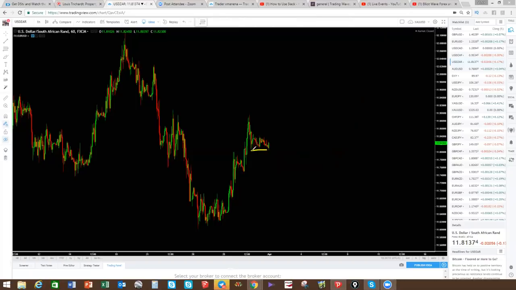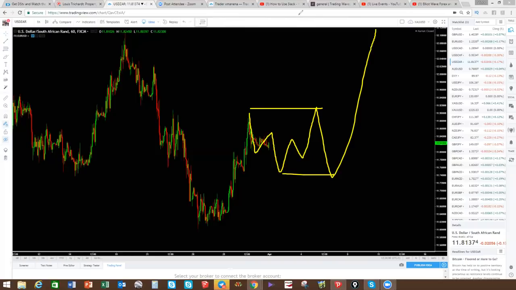In any case, this correction is not complete, and this must come and retest here for it to be a complete 1, 2, 3 regular flat before it comes down. But as I say, this 3-wave move, if it does happen, it may just give us 1, 2, 3, 1, 2, 3 impulse up. Okay, that's how structure behaves. Let's see how it goes.